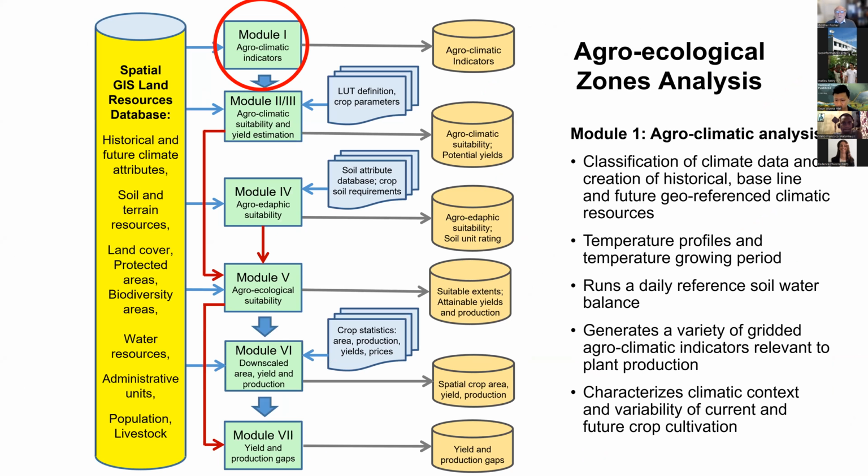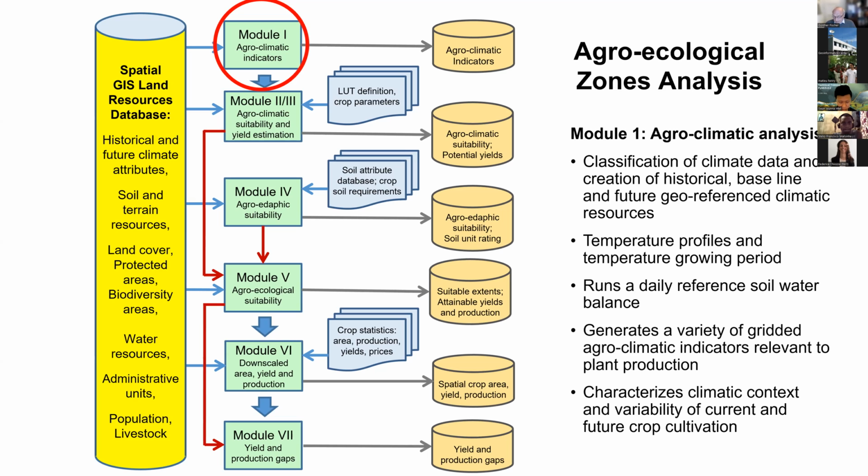Let me first come to the agroclimatic assessment. It is a classification of climate data and creation of historical, baseline, and future geo-referenced climatic resources. The algorithm in module 1 produces temperature profiles and what we call temperature growing periods.